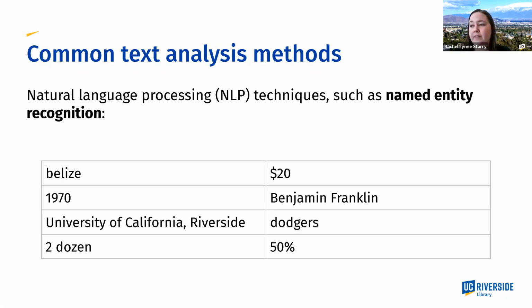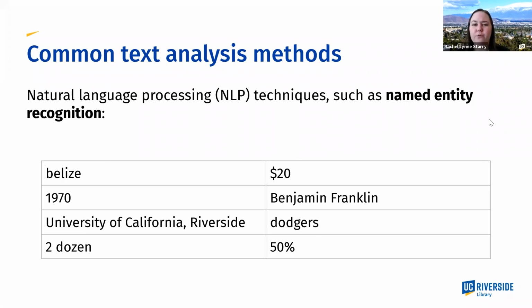We care about things like the order that words are used in, or their part of speech, or their meaning in context. Named entity recognition in particular is just the classification of words and phrases into predefined categories like the names of people, organizations, locations, medical codes, time, date, numbers, quantities, all of those sorts of things.